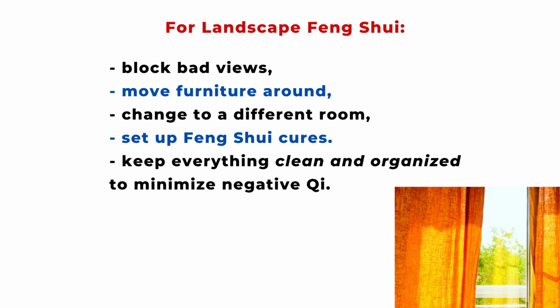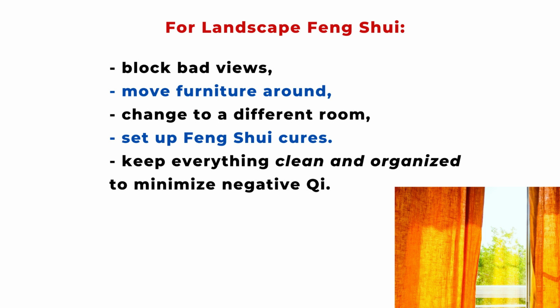And we can also place Feng Shui cures if you cannot move around furniture, such as crystals or bagua mirrors. And the bottom line is to keep everything clean and organized. Keep your environment well maintained so we can minimize any negative energy.